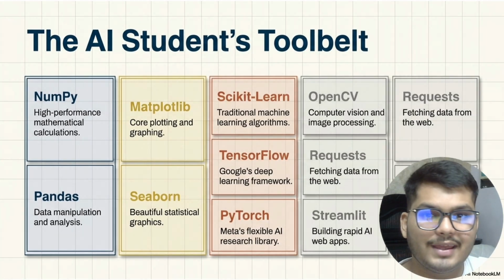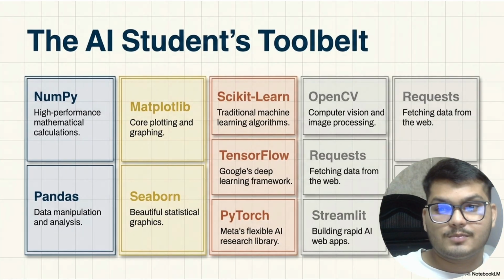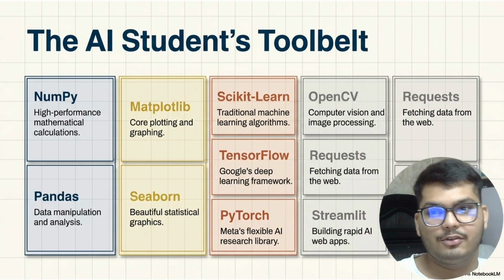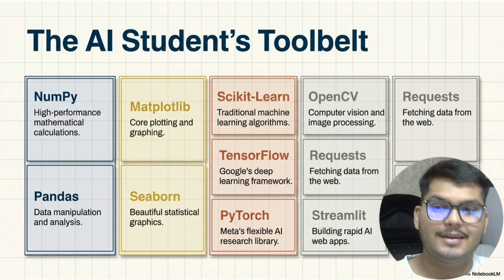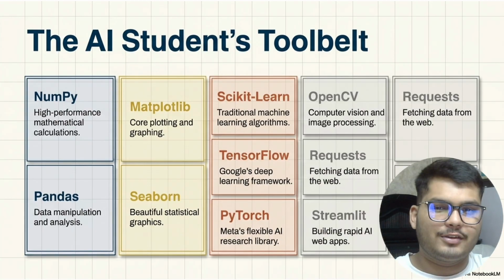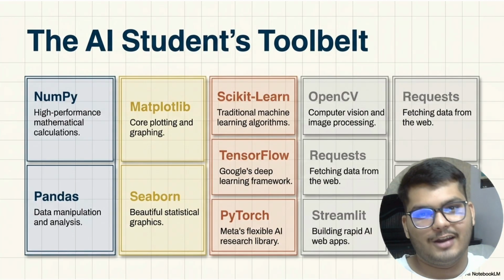And moving towards the AI student tool belt, so what is the tool belt? I have told you this many times. So first is NumPy, it's used for high performance mathematical calculations. Then Pandas, it's used for data manipulation and analysis. Matplotlib to plot plots and graphs. Seaborn to make beautiful statistical graphics.